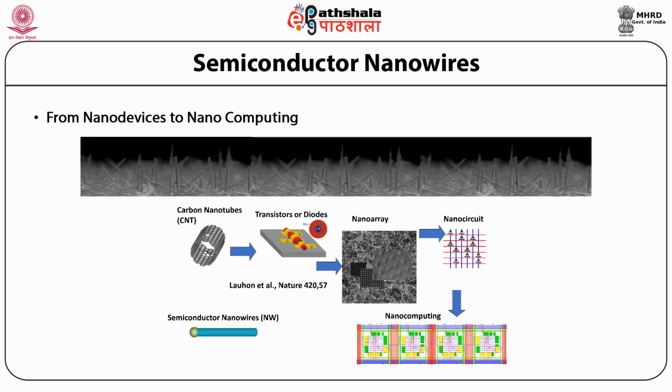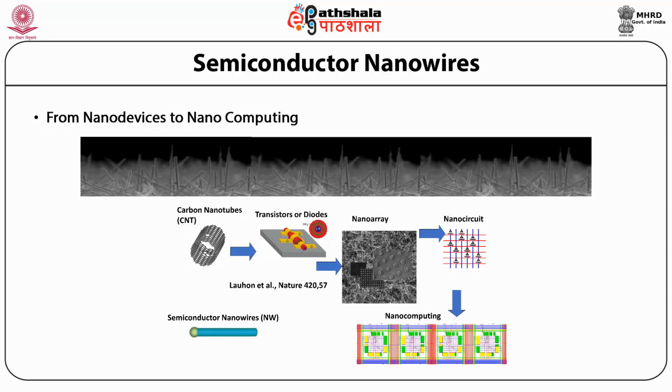So students, this figure shows how nano devices move to nano computing. This is a carbon nanotube, that is a CNT, which is used in transistors or diodes.